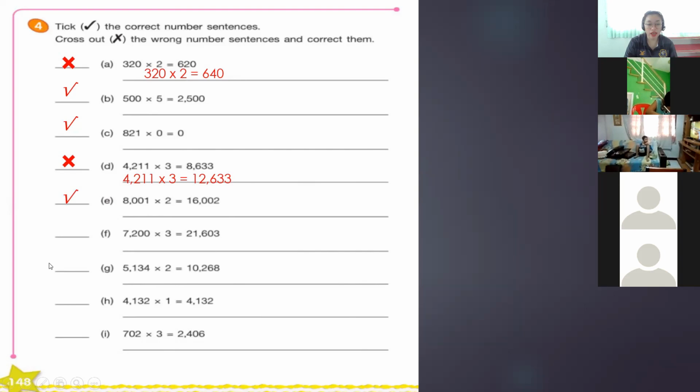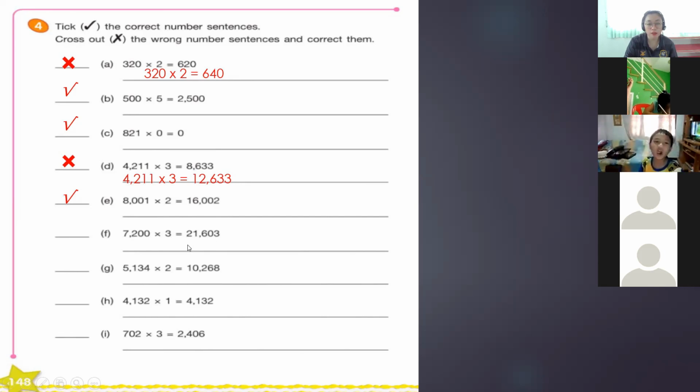Okay, letter F, we have 7,200 multiplied by 3 is equal to 21,603. Okay, so is this correct? Let's see. 3 times 0 is 0, but why is it 3?